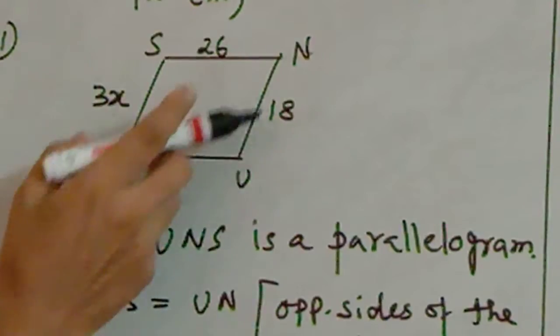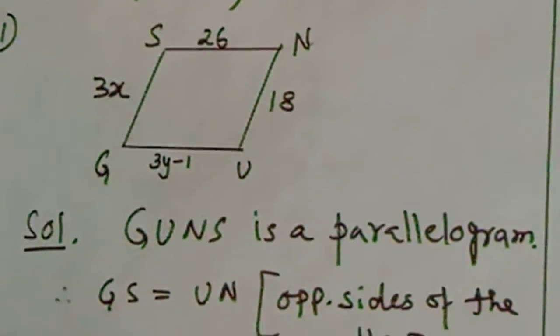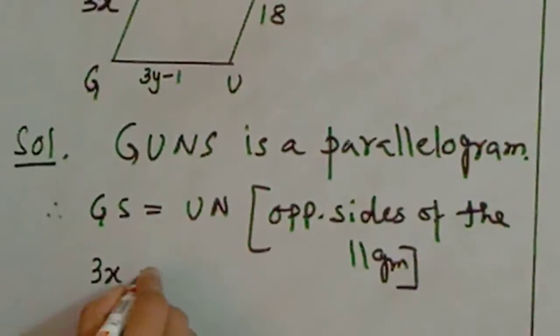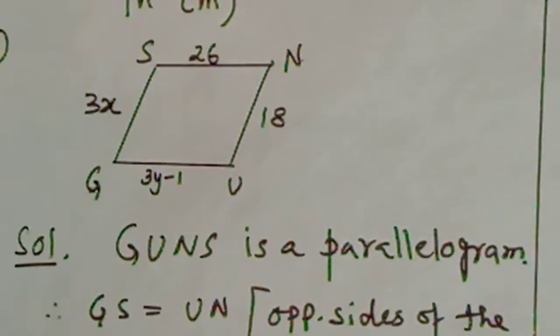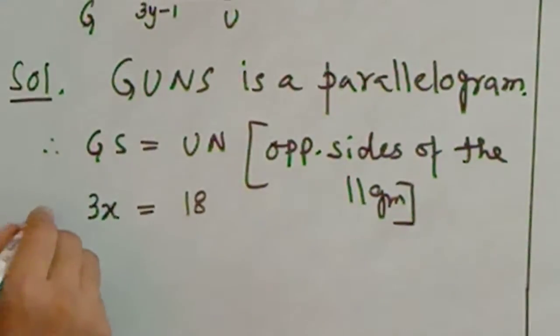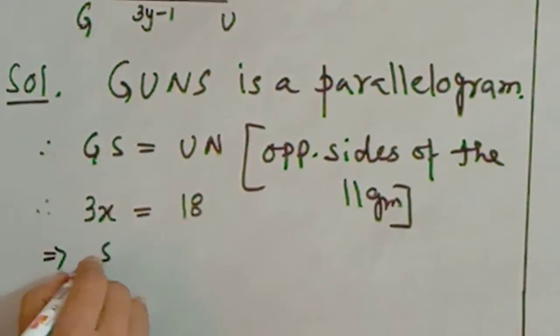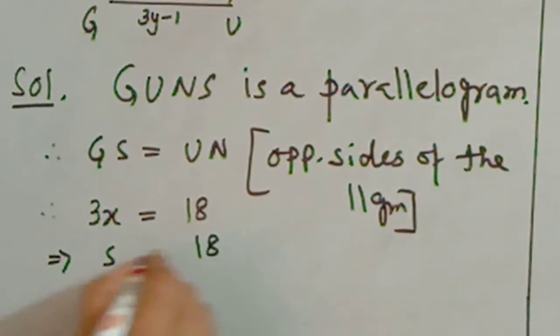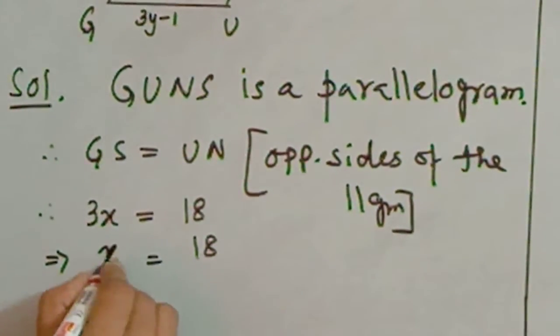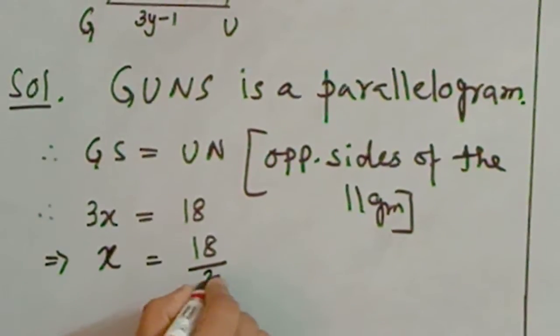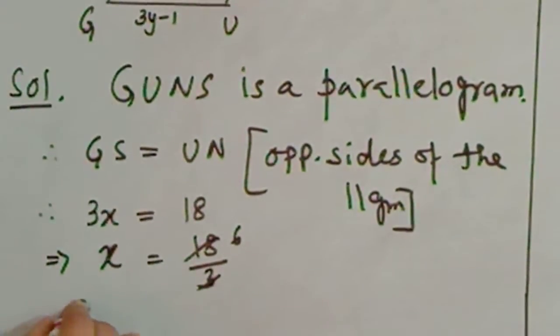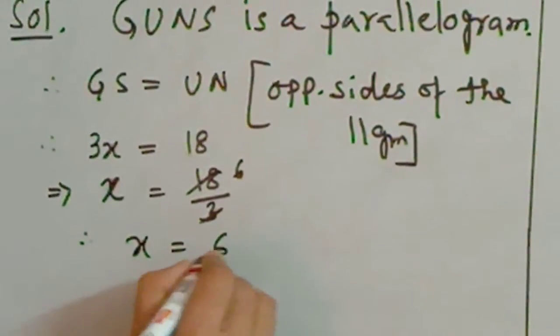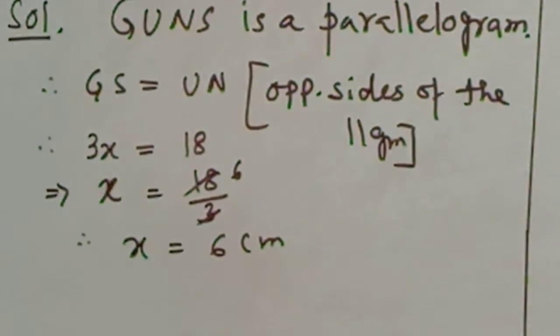So value of GS is equal to 3x and UN is equal to 18. Therefore, x is equal to 18 by 3, that is 6. Therefore, value of x is equal to 6 centimeters.